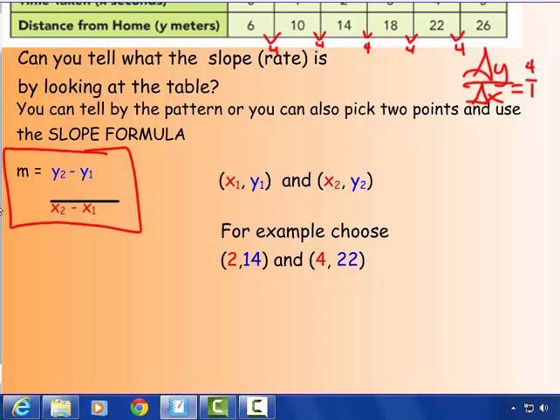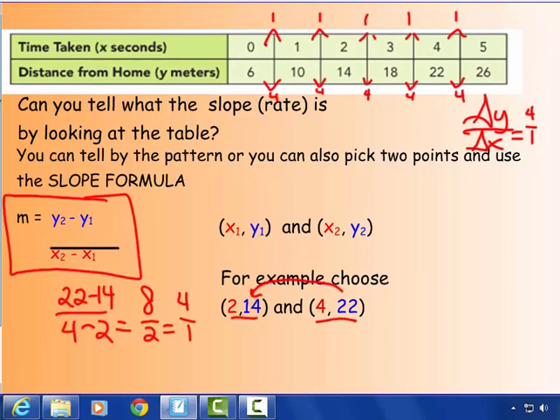If I choose these 2 points from the table, 22 take away 14 over 4 take away 2, I'm going to get 8 over 2, which is the same thing as 4 over 1, which is what I found using the table. For every change in the x value, I have a rate of change of 4 in the y value, or using the slope formula, 4 over 1.